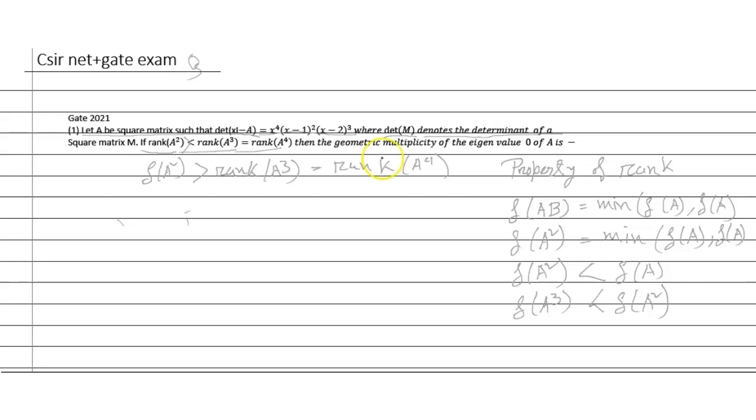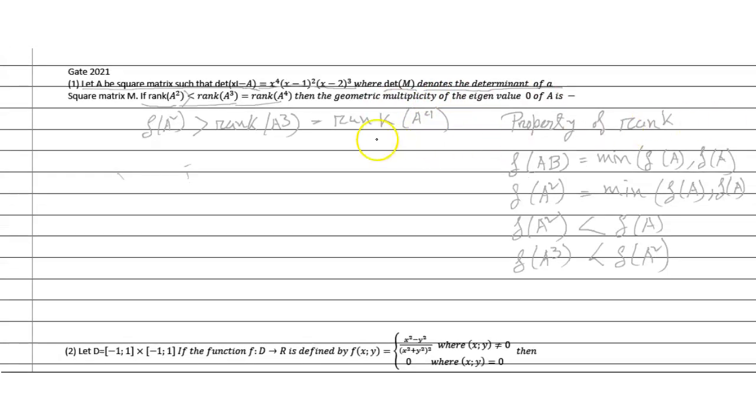So I corrected this, and now I will solve it, because this is a very conceptual question, friends. Whatever you see, x to the power 4, (x - 1) whole square and (x - 2) whole cube. So friends, you must remember a key point.